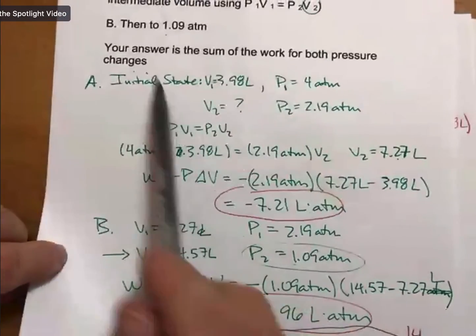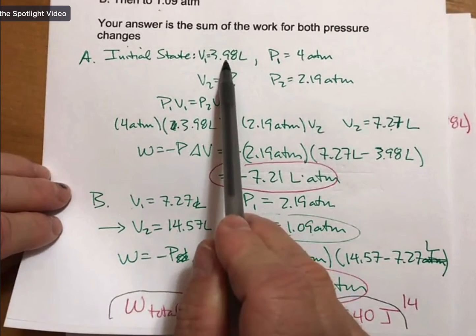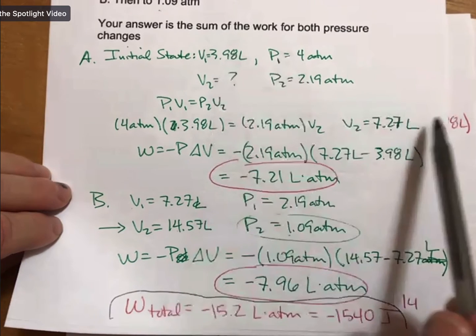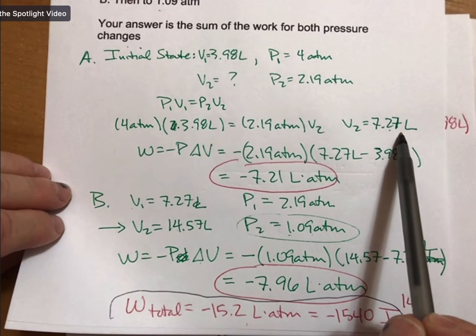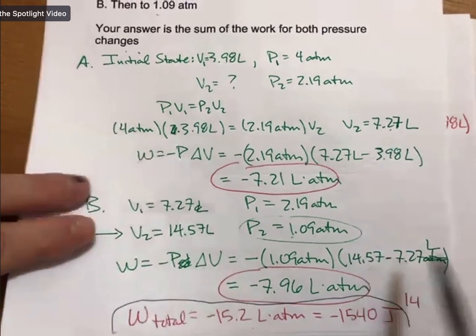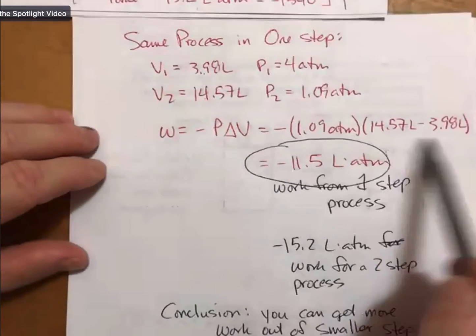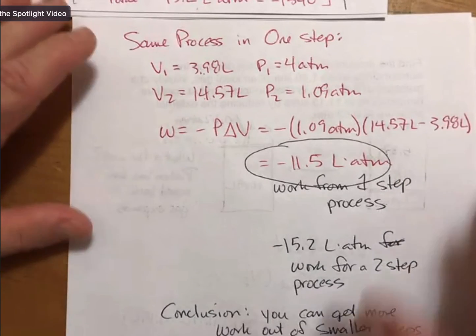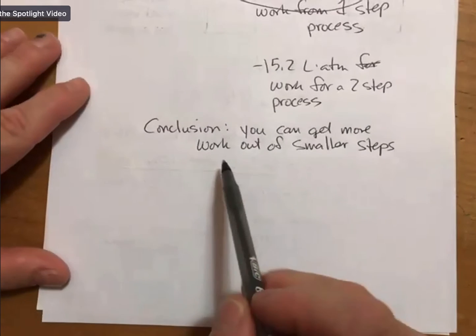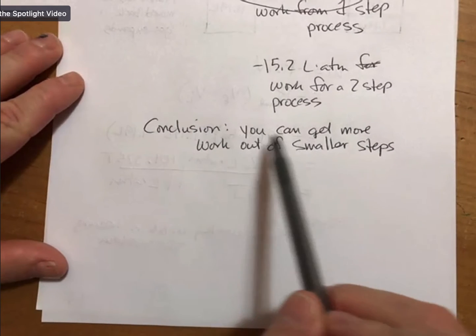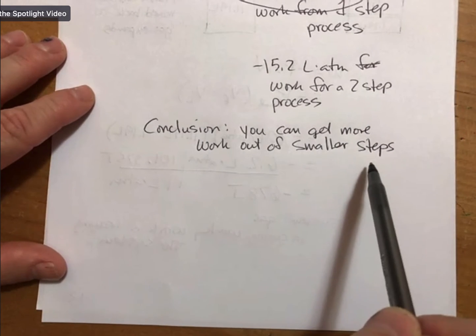So the two-step process went from 3.98 liters to 7.27 liters in one step, and then down to 14.57. And here we did it in one step. Yeah, good question. Glad we got that. You can get more work out of smaller steps.